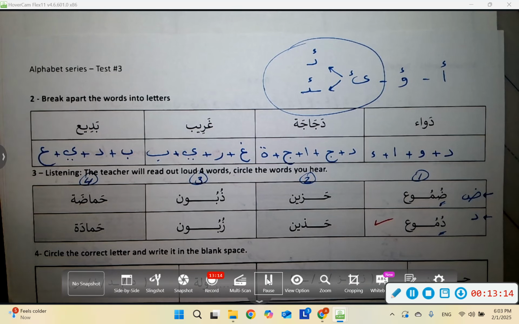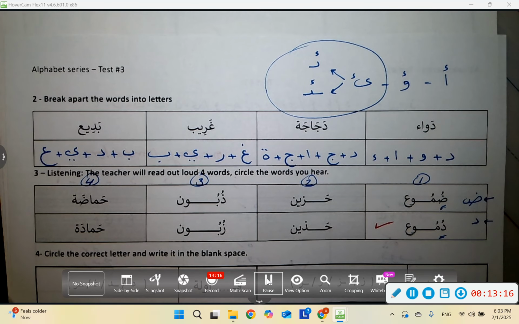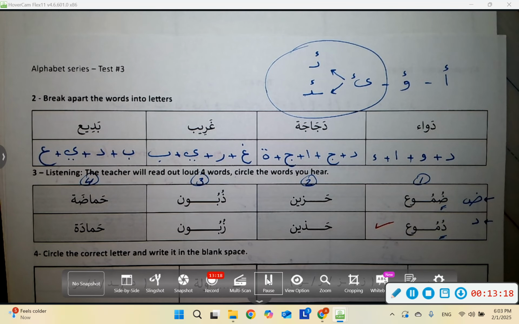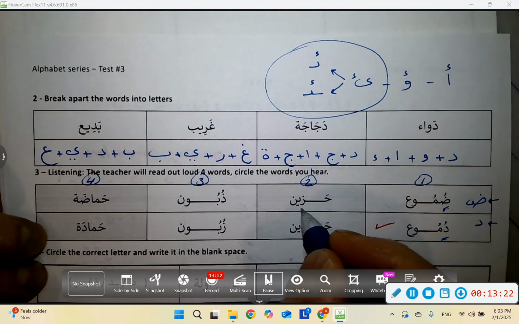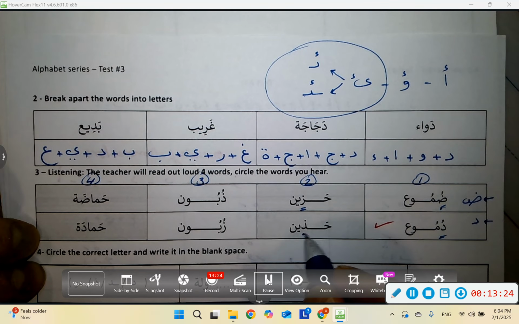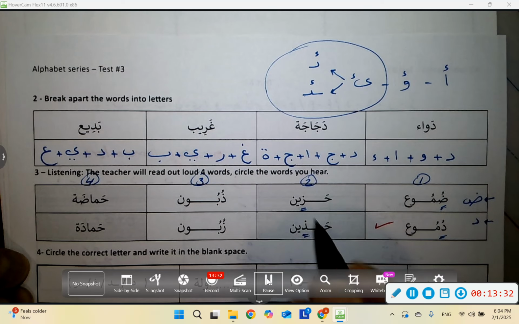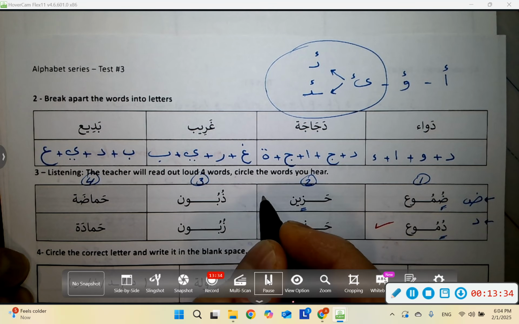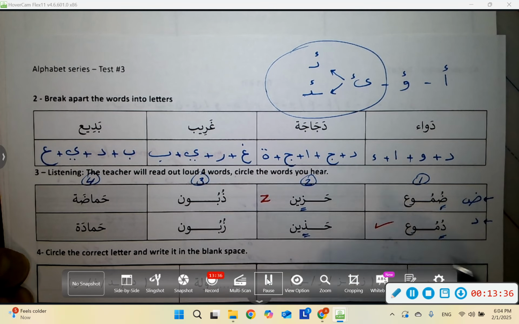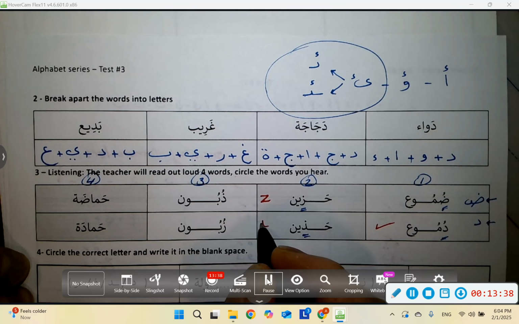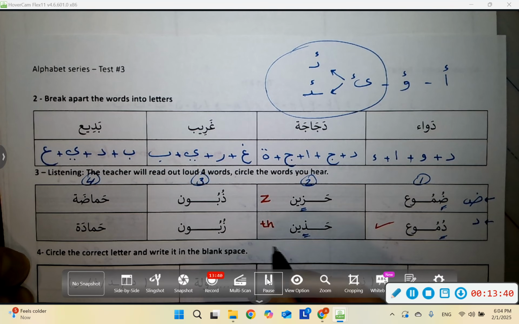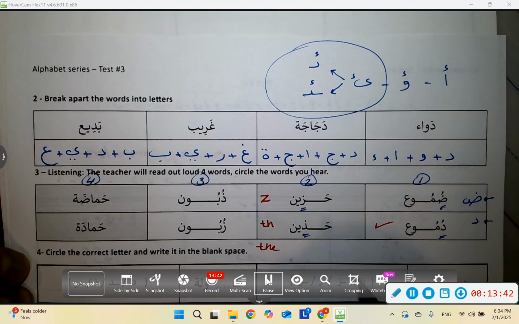The second column, circle the word hazin. Now we have za here and we have the here, and they're 2 different letters. Za sounds like z, and the sounds like th in the word the.